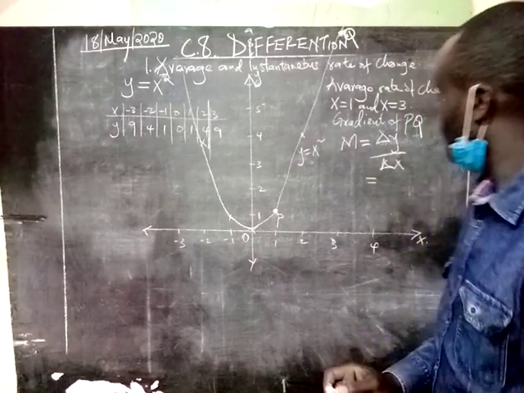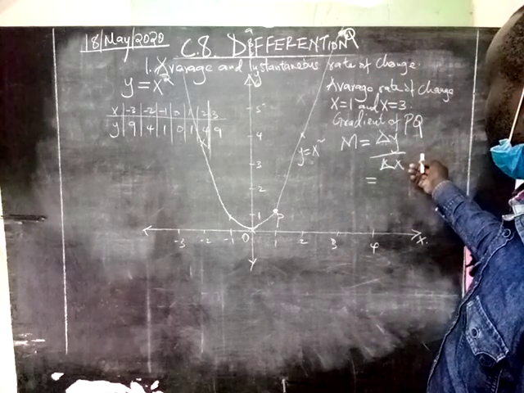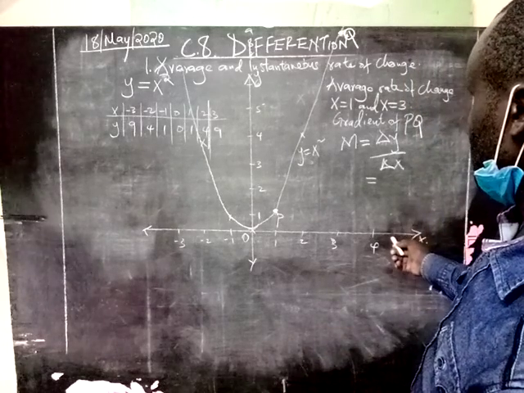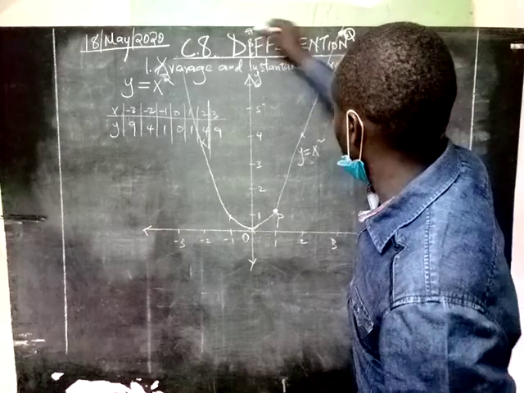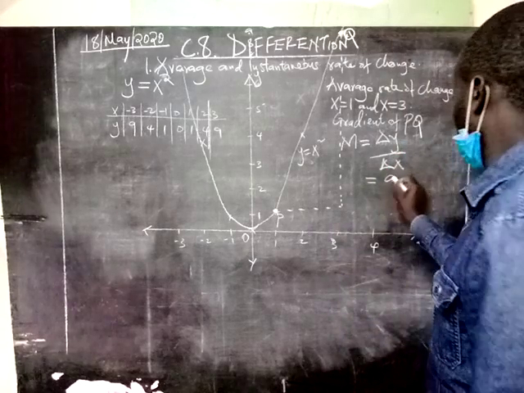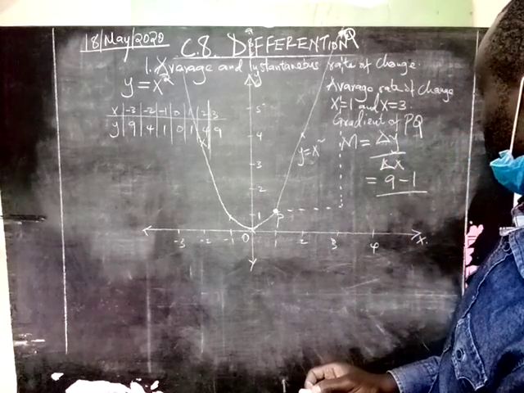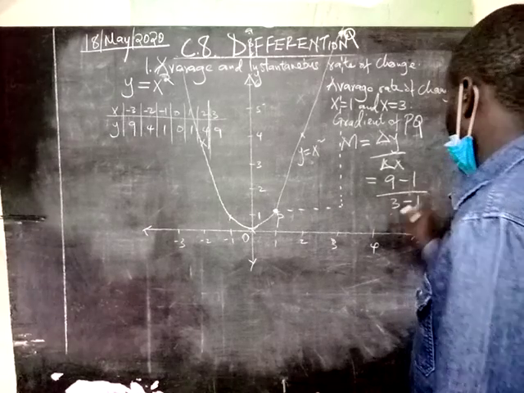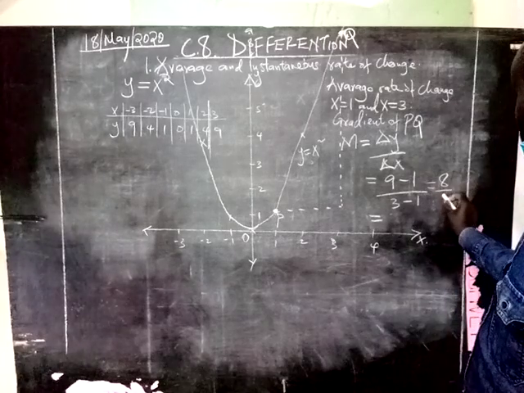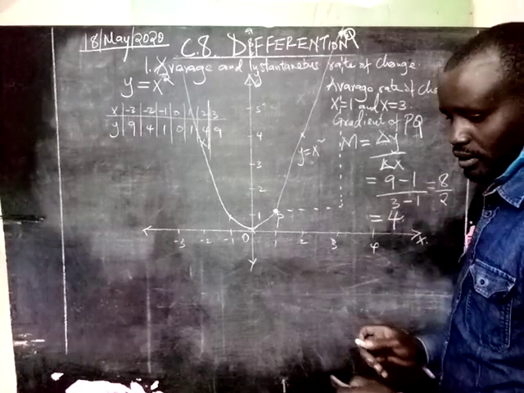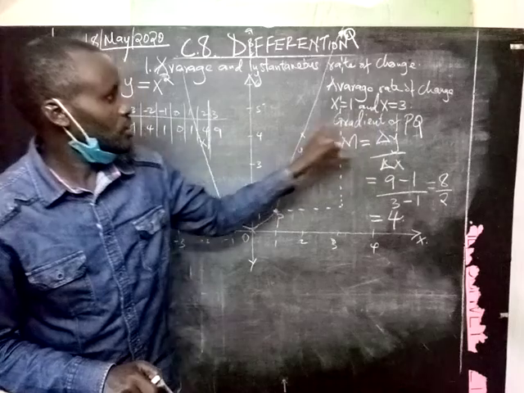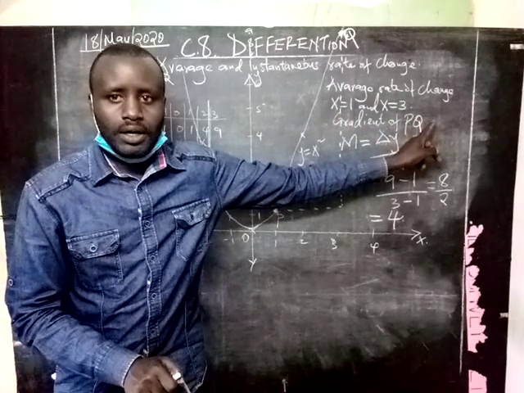Change in y, we have 9 minus 1, over change in x, which is 3 minus 1. What are we going to get? 9 minus 1 equals 8, and this one is 2, meaning our gradient is going to be 4. So 4 is the gradient of the average rate of change between these 2 points, x equals 1 and x equals 3.